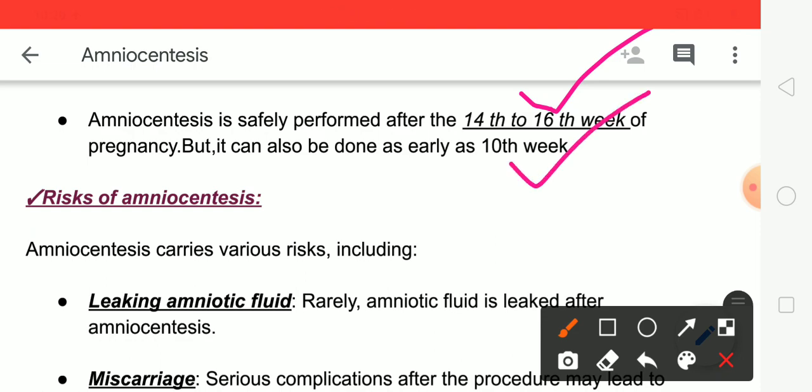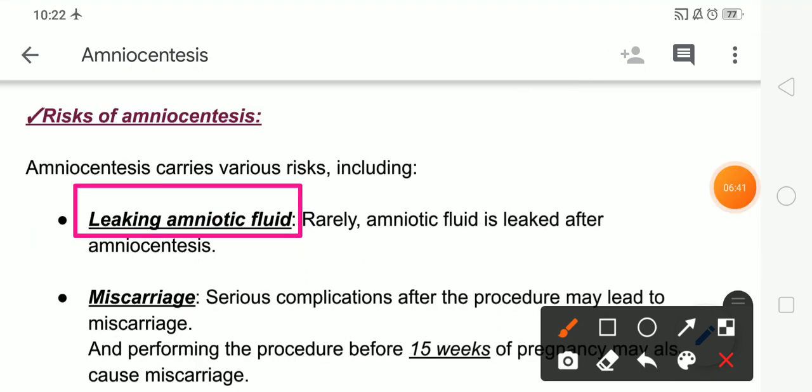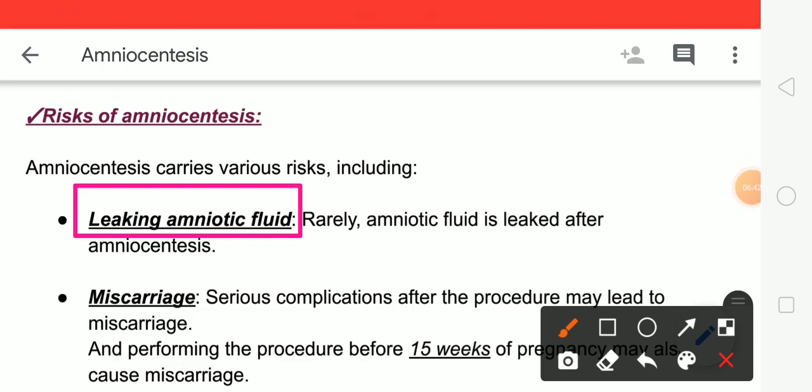And next, let us know about the risks associated with amniocentesis. Amniocentesis carries various risks, including leaking of amniotic fluid. Rarely the amniotic fluid is leaked after the procedure.